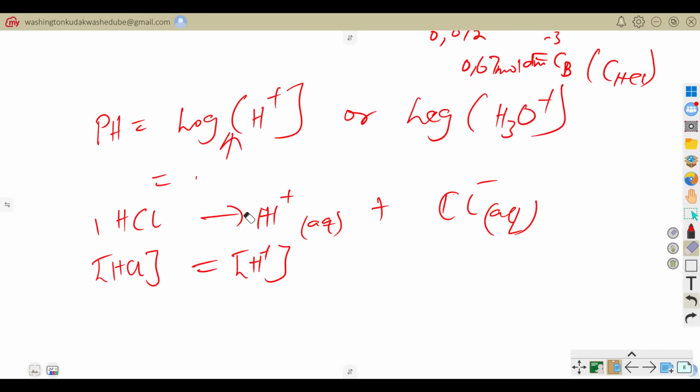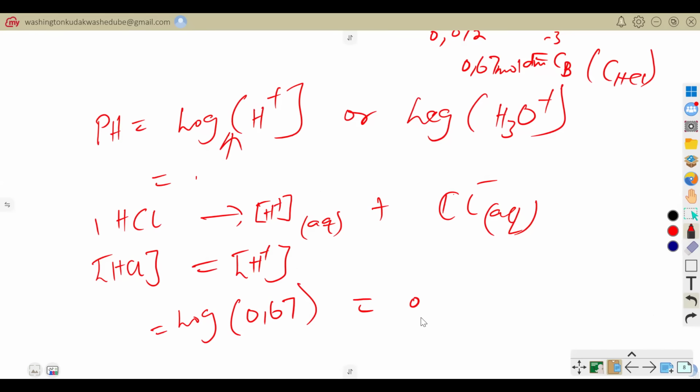So I'm allowed to use the concentration of HCl that I found before. Here I was just going to take the log of 0.67 moles per decimeter cubed. This gives me a pH of 0.17.